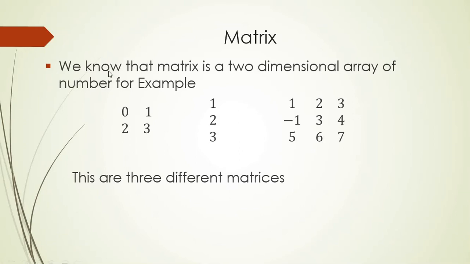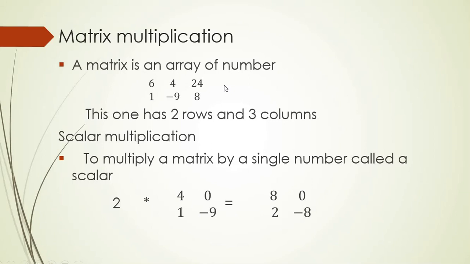These are three different matrices: a 2 by 2 matrix, a 1 by 1 matrix and a 3 by 3 matrix. We can perform many operations on matrices like addition, subtraction, multiplication, transpose, etc. Out of these operations, we mainly use matrix multiplication.